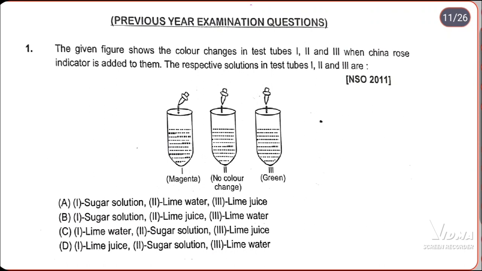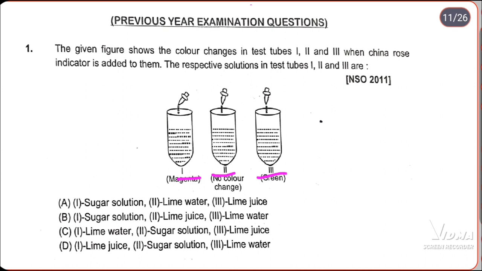So question number 1 says the given figure shows the color changes in test tube 1, 2 and 3 when China rose indicator is added to them. The respective solutions in test tubes 1, 2 and 3 are. So this is test tube number 1, this is test tube 2 and this is test tube 3.